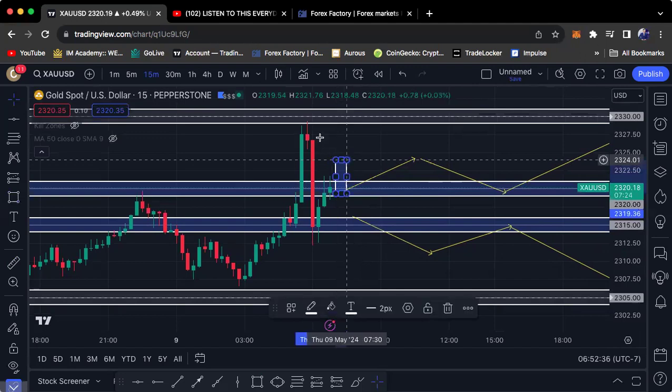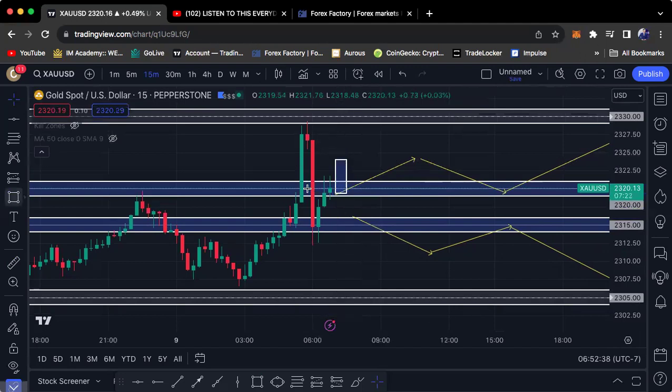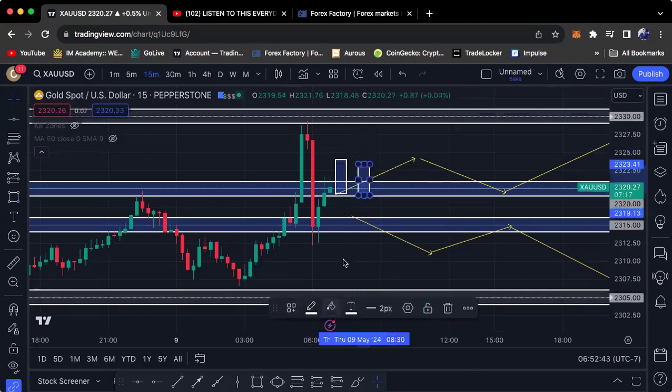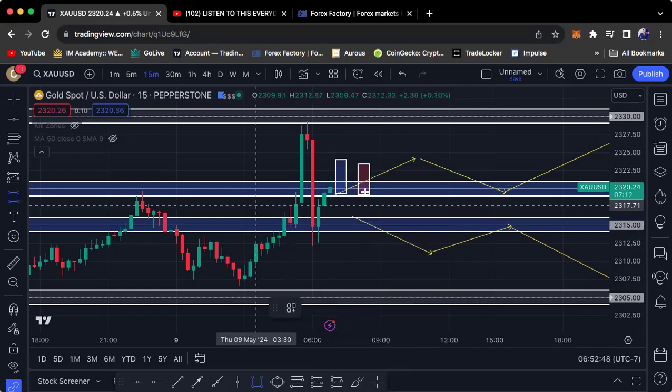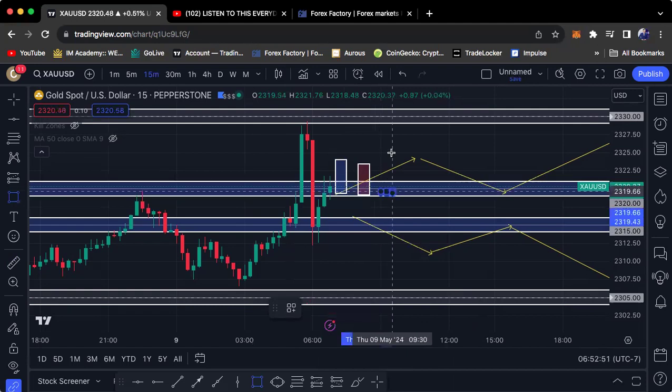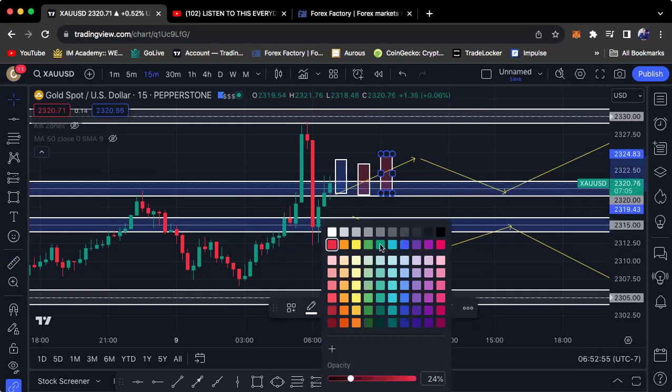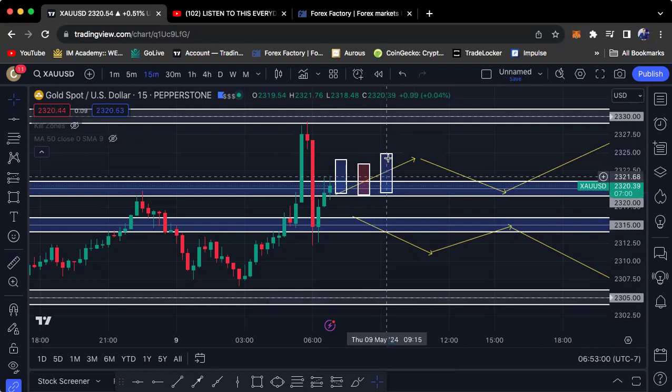If it breaks above, creates another blue, comes back down to retest, gives me a bearish candle, and then it closes within structure or above structure, and then it gives me another bullish candle, then I'm gonna take that buy. Gives me another bullish candle.